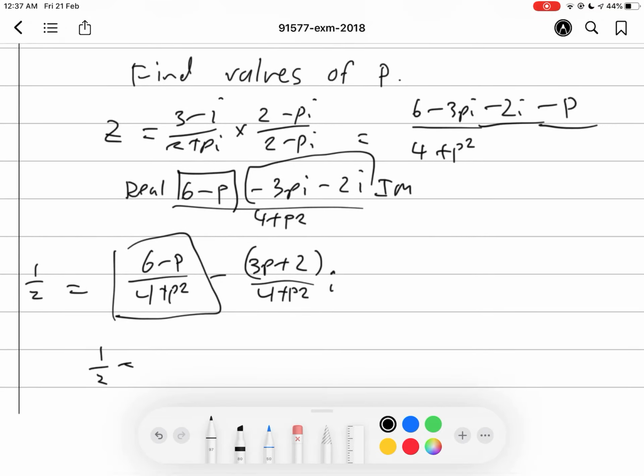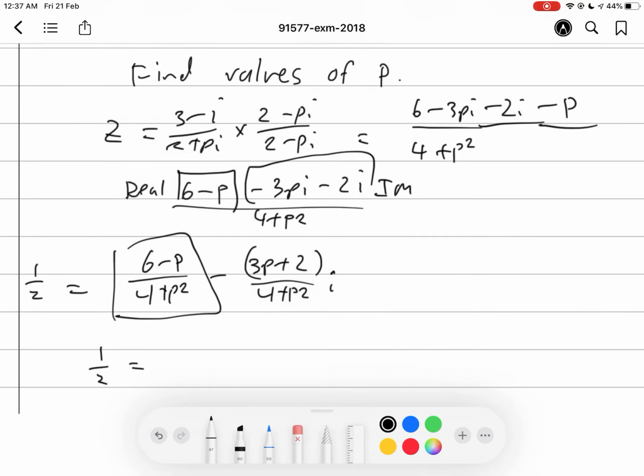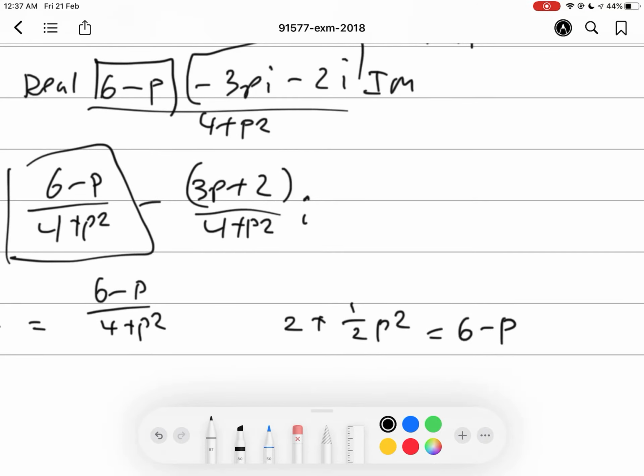So 1 over 2 is equal to 6 minus p over 4 plus p squared. If we move the denominator to the other side, we'll get 2 plus 1/2 of p squared equals 6 minus p. Therefore, we'll have 1/2 of p squared plus p minus 4 equals 0.